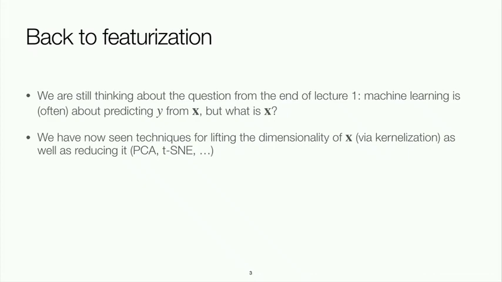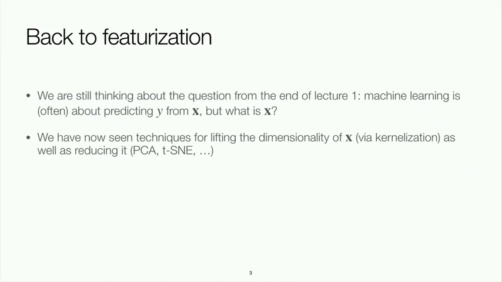So maybe if we're given some X that's already very complicated, very high dimensional, what we actually need to do is make it lower dimensional, try to keep around as much information as possible, but reduce the dimensionality such that it's a little bit easier to work with. Maybe the supervised learning algorithm can train faster, or maybe I just don't have as much noise in my data, something along those lines that actually makes the problem a little bit simpler. So we've seen both of these directions, right? Making the dimensionality higher and making it lower via kernelization and all of these dimensionality reduction techniques, respectively.